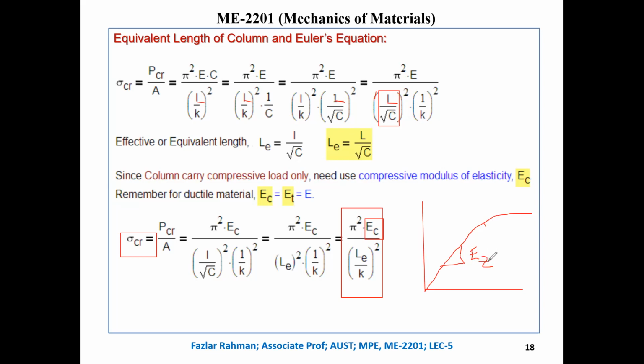What will happen when you compress something? In a column, we are compressing something, right? So instead of ET, we are using EC. Normally at undergrad level, all the books use only E, not EC or ET.